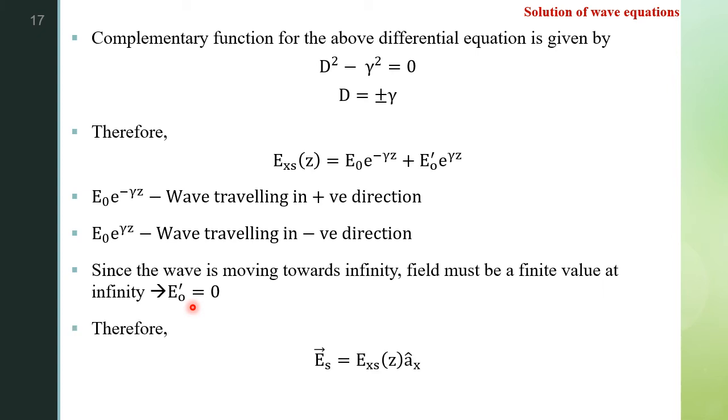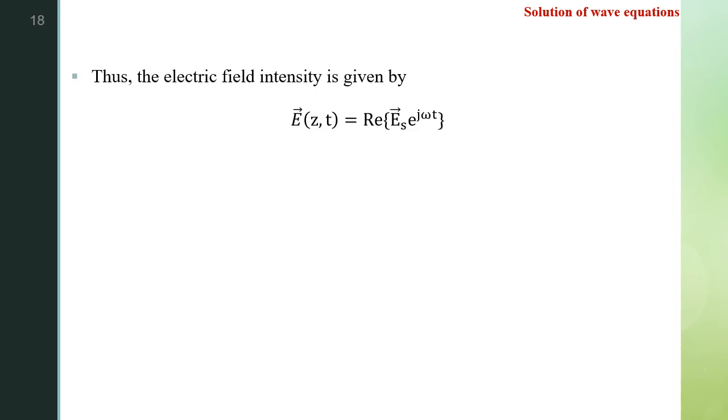Hence, the electric field vector can be written as Exs of z Ax cap, and that has the value E naught e raised to minus gamma z. Therefore, the electric field intensity vector can be generalized in the form Ez of t is real part of the phasor form times e raised to j omega t. We have already determined the value of Es.